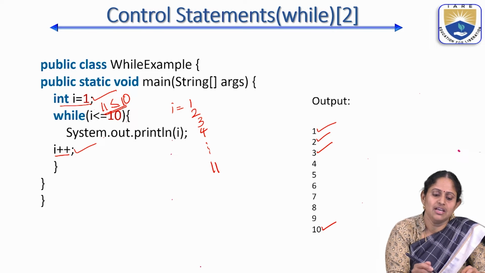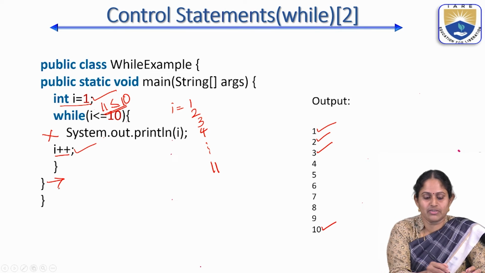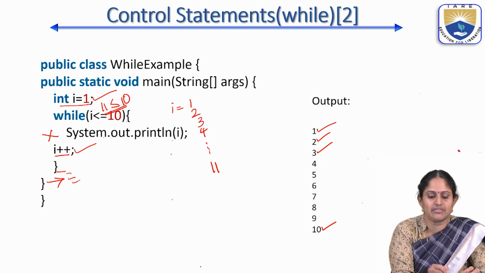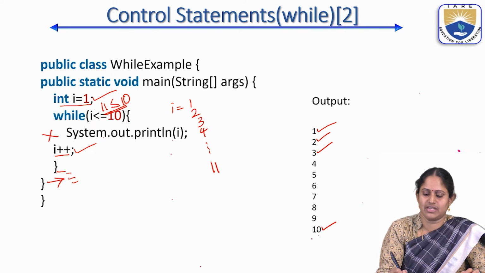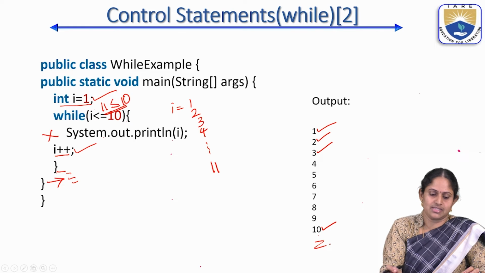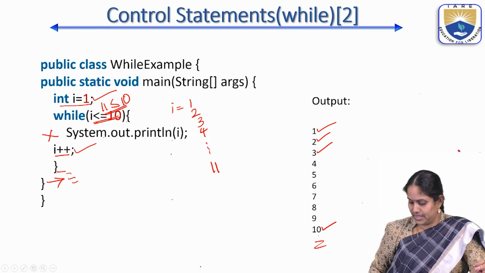So this condition fails. When the statement fails, it comes out of this loop, and whatever statements follow this loop will be executed. Since we don't have any statement after that, nothing more runs. So whatever statement follows the while loop will be executed once the condition of the while statement fails.